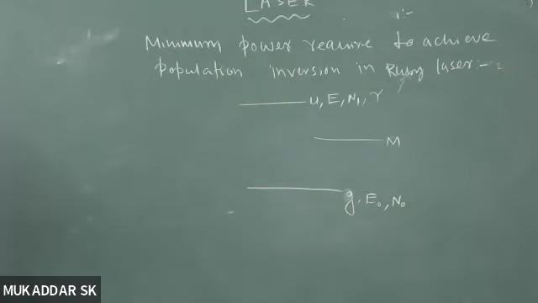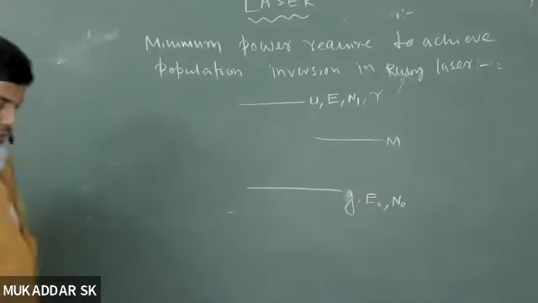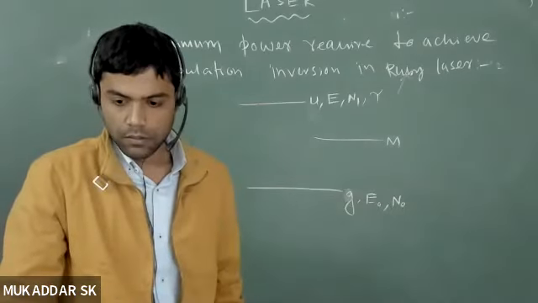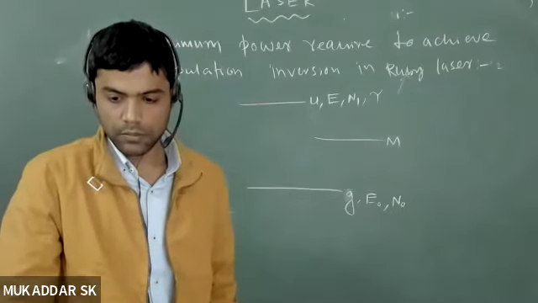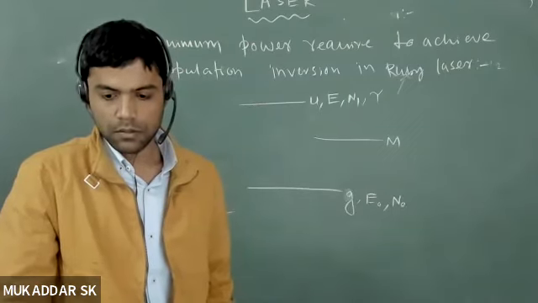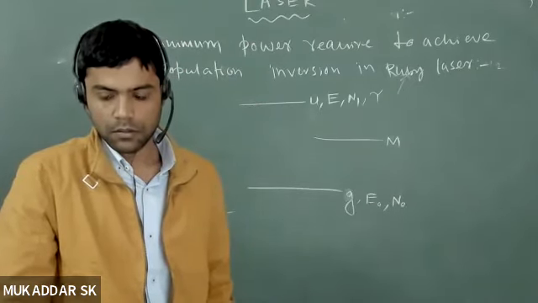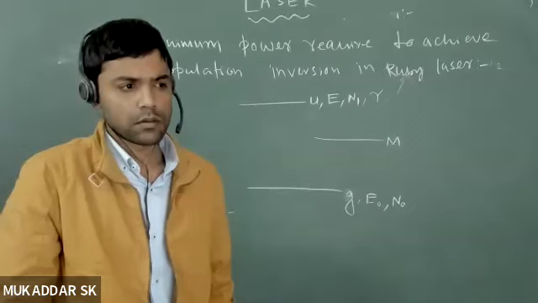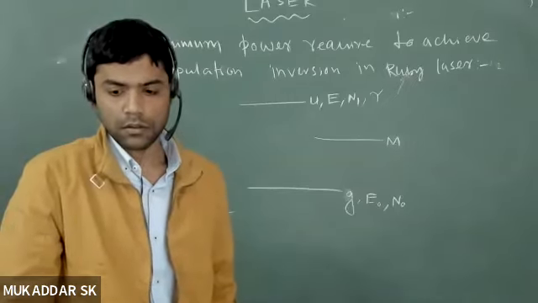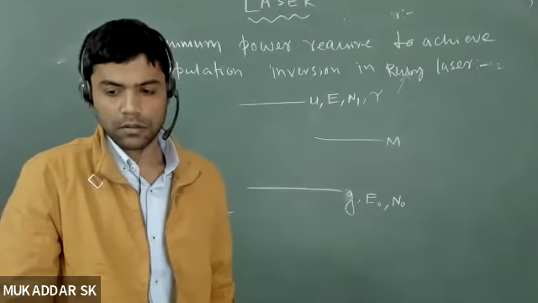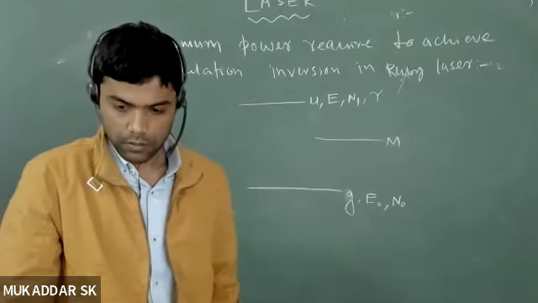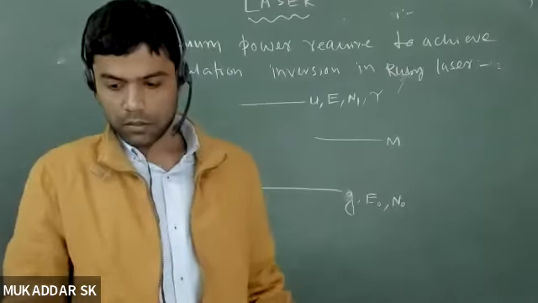Sorry, sir, I have a question. You have a question? Yes, sir. We have discussed the problem and also the topic, the condition for thermal equilibrium. The number of population density at thermal equilibrium we got in the previous topic and also in the problems.